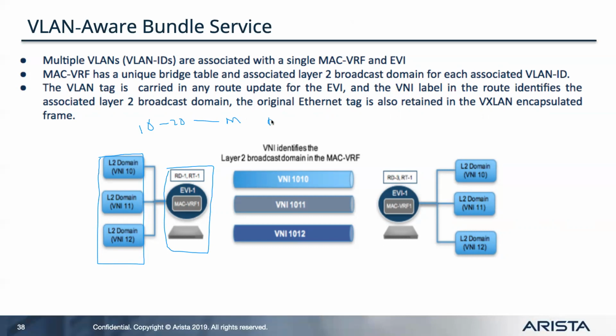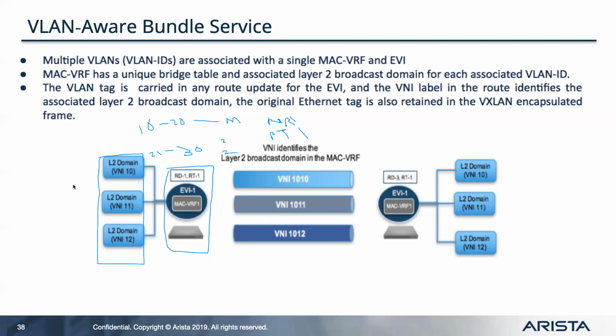One MAC VRF is one set of RD/RT, right? RD1, RT1. And for 21 to 30, another set of VLANs, you can have another MAC VRF with RD2 and RT2.